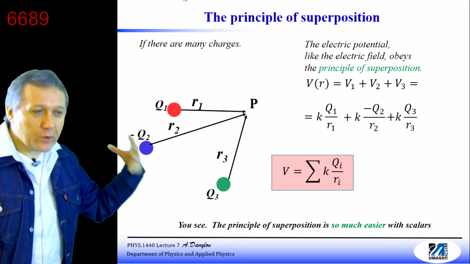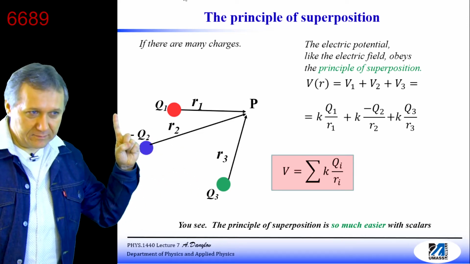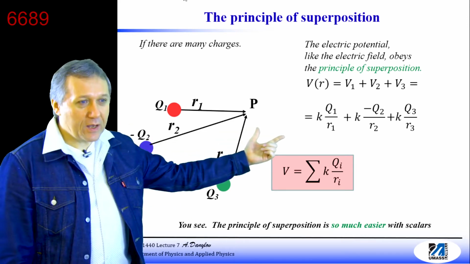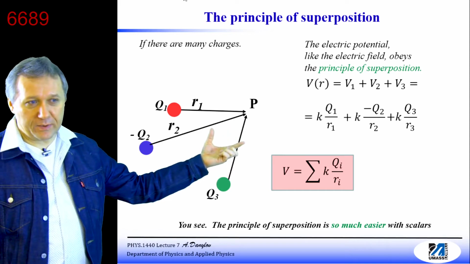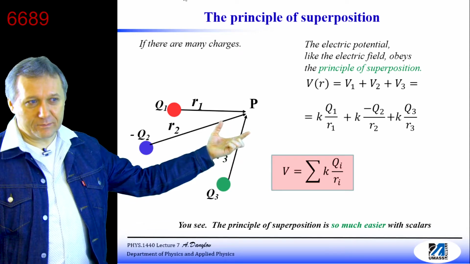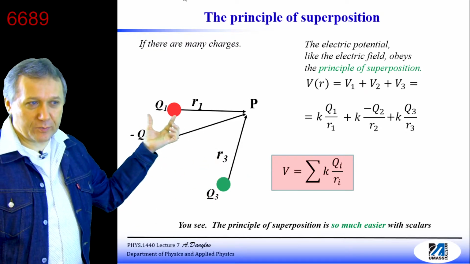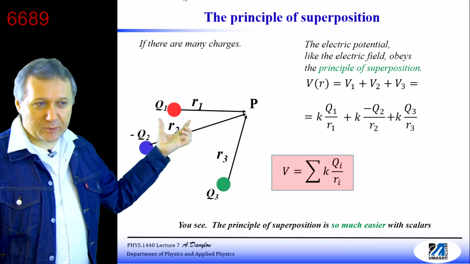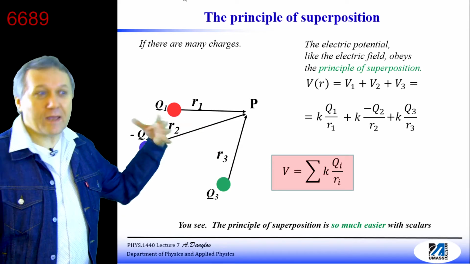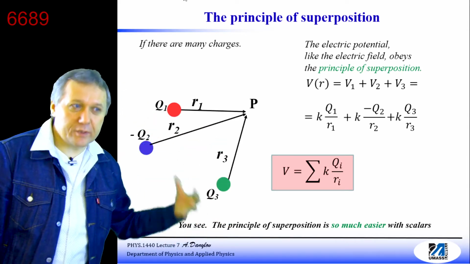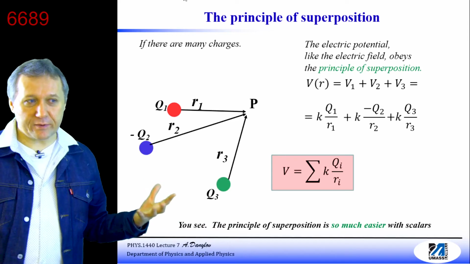Let's say we want to find the net electric potential at this point P. First we need to find the contribution to the net electric potential from the charge Q1, and we know how to do it. We derived that formula in the previous recitation class.